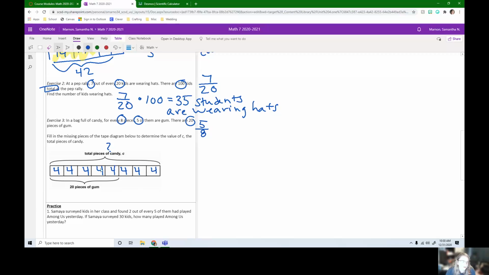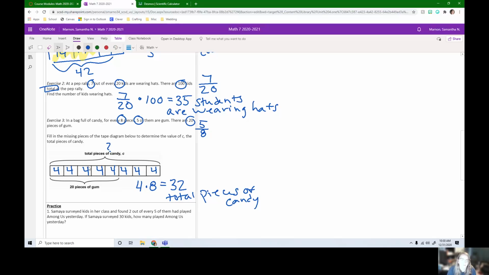We can just do 4 plus 4 plus 4 plus 4 plus 4 plus 4 plus 4 plus 4, or we can do multiplication instead of repeated addition. So it's 4 times 8. We get a total of 32 pieces of gum. Or total, not pieces of gum, total pieces of candy. So we have 32 total pieces of candy.